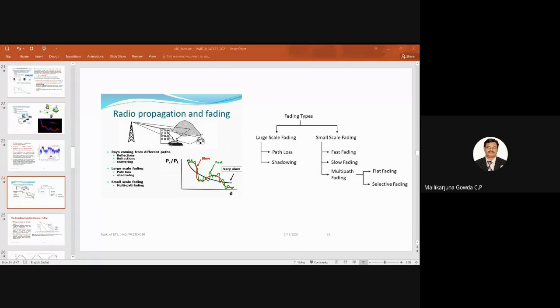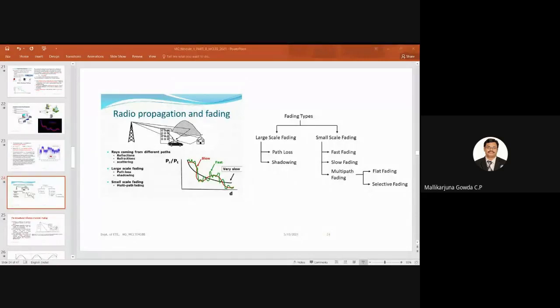That is why it is categorized this way. Here I have given an overall view of fading types. Usually we classify fading into two: large scale fading and small scale fading. Under large scale fading, there are two types: path loss and shadowing.